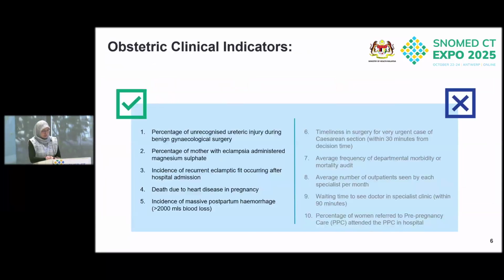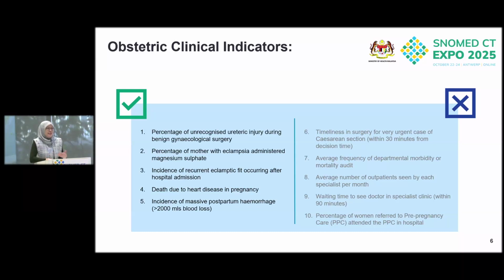Okay. So for obstetric care, they presented to us at the Health Informatics Center 10 clinical indicators, right? Of course we have to discuss with them which clinical indicators are suitable to be analyzed using MyHarmony, and which ones we think are not really suitable. Some of this data is structured, already stored in the EHR.